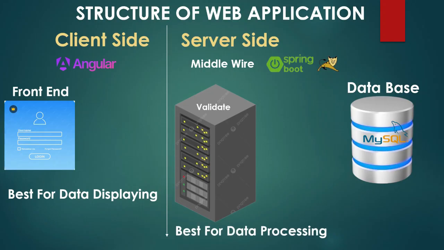The middleware, that is the server side, with Spring Boot is best for data processing. Whatever validation and processing happens, that logic we write on the Spring Boot side. And the database is best for data storing, so whatever data our whole application uses will be stored in the database. So we are using three different technologies: front end is Angular, middleware is Spring Boot and database is MySQL.